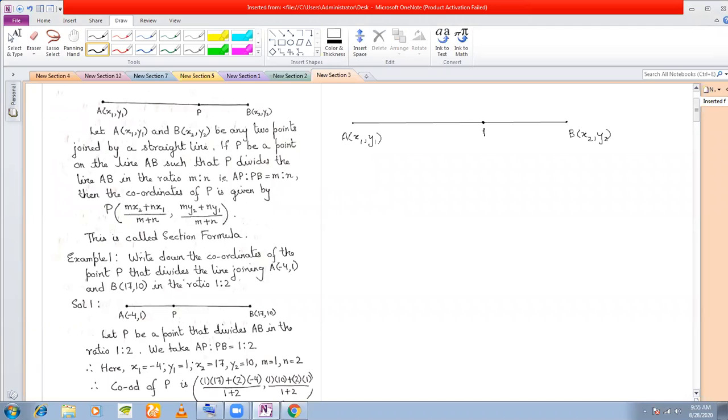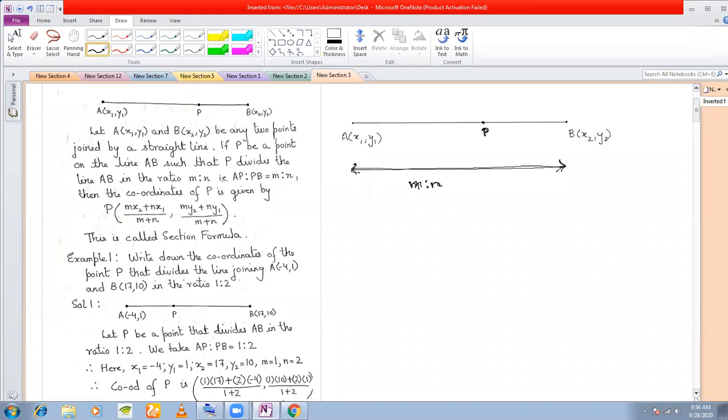On this straight line, you want to find out a point P such that this point P divides this entire line segment AB in the ratio of m is to n. I repeat once more, this point P will divide this entire straight line in the ratio m is to n.